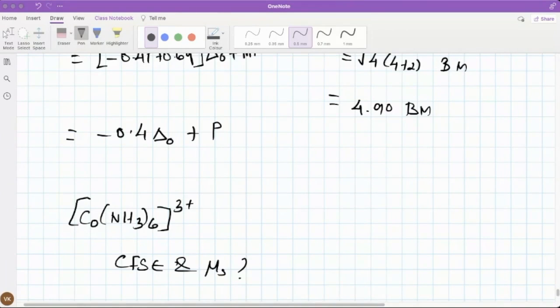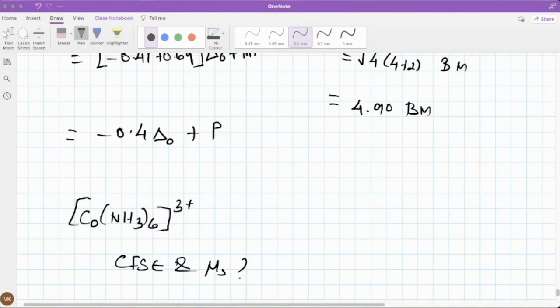So CFSE is minus 2.4 delta O plus 2P. What is the oxidation state of cobalt? Plus 3, which means again d6 only, right? Yes, sir.